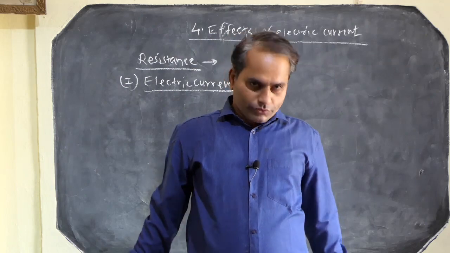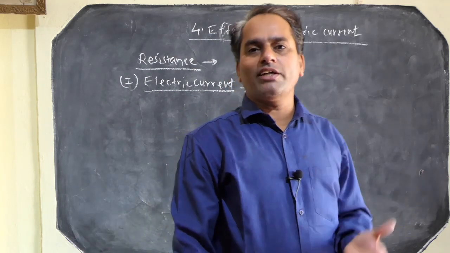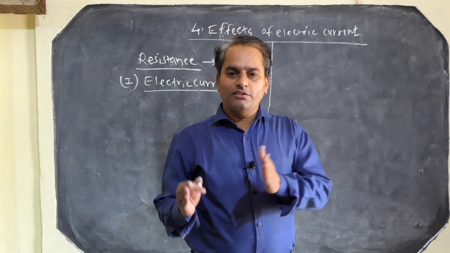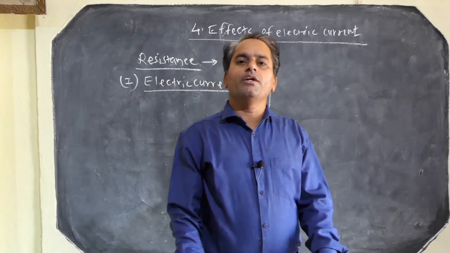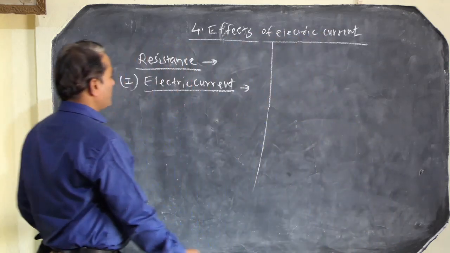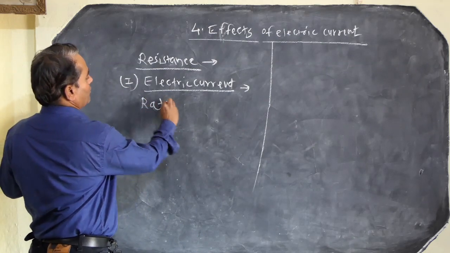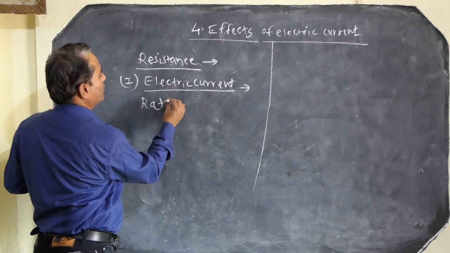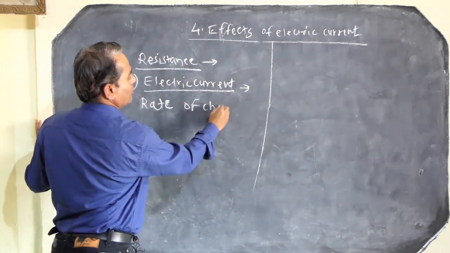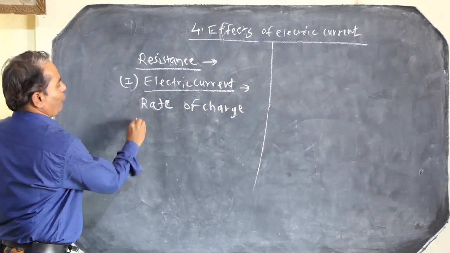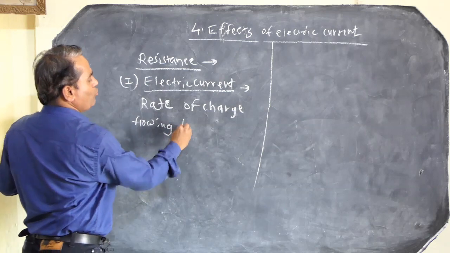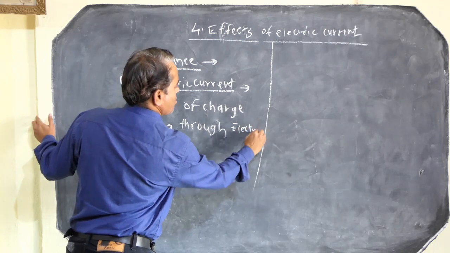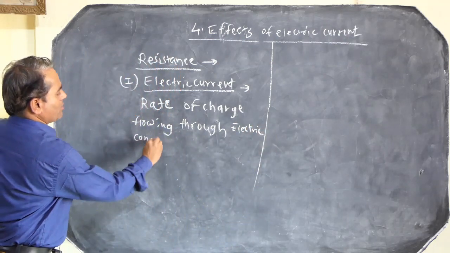We know about current. Simply, we can say the property of electric current is a similar property in the electrical circuit. Electric current is the rate of charge flowing through an electric circuit or electric conductor.